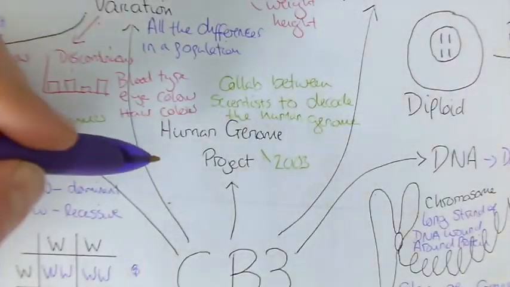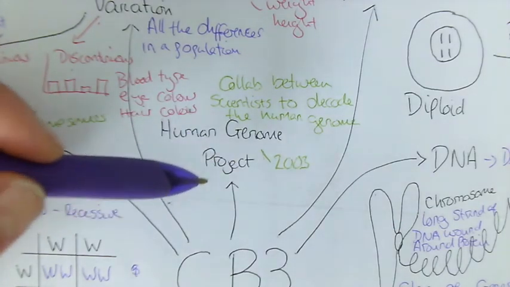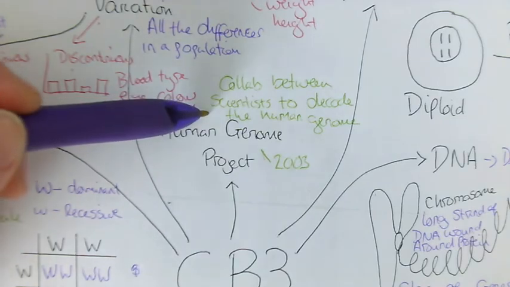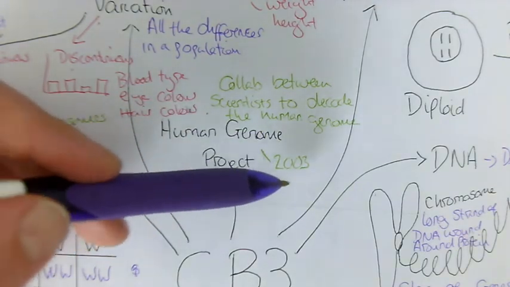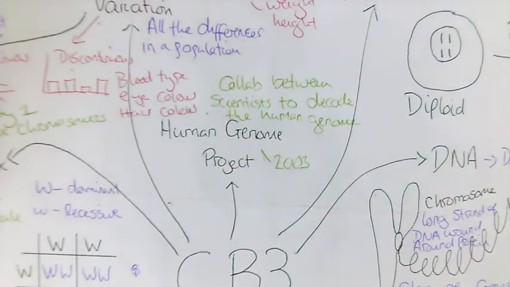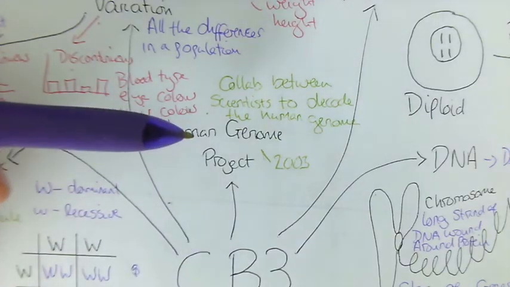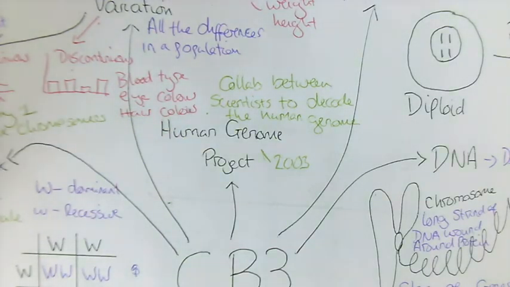The Human Genome Project is a really important study which has been a collaboration between lots of different scientists to decode the human genome. It was started in 2003, but it's particularly important as medicine moves forward so that people can see the genome of different people so that we can move towards personalised medicines.